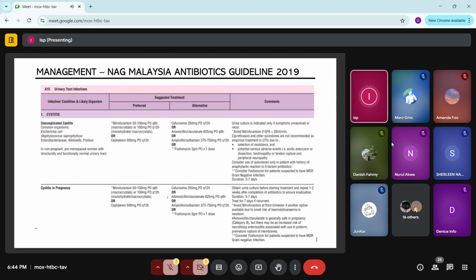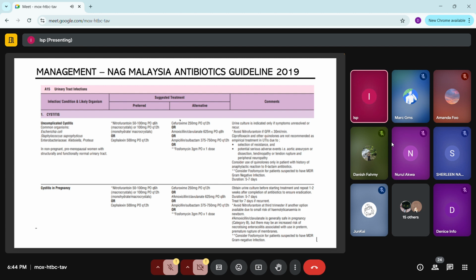Okay, so what do we give in urinary tract infection? So we want to target gram-negative bacteria. Commonly that we use will be cefuroxime, cefalexin. Cephalosporin will be our first-line antibiotics. Alternative, you can use Augmentin, amoxicillin with clavulanic acid.